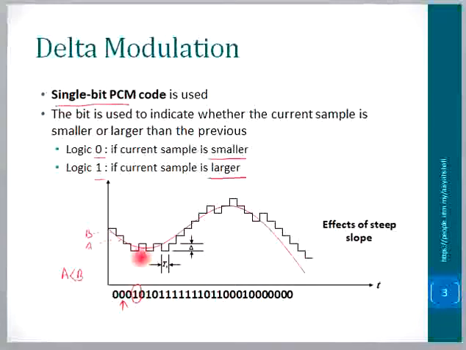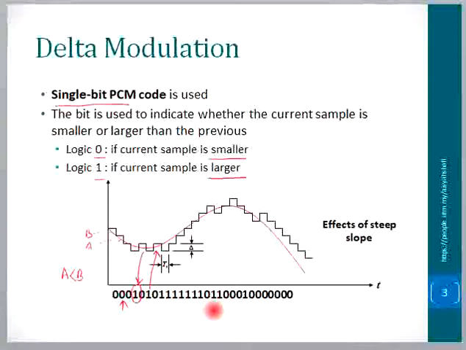This one increases here, so it becomes 1 because the current is larger than the previous. This one also, because it increased.